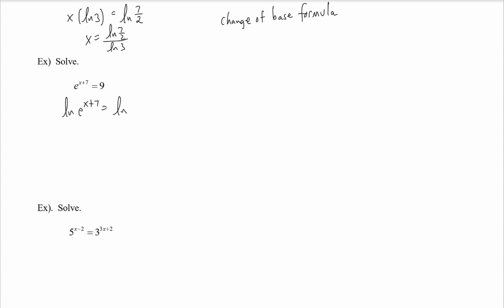I like picking natural logs because it's a little bit less to write. Then we could bring that exponent down front using our log properties. Natural log of e is 1. So we get x equals natural log of 9 minus 7, which is the same thing we got before.